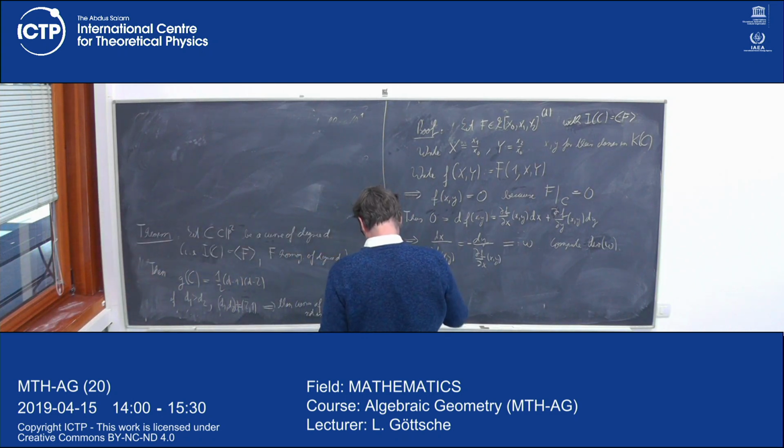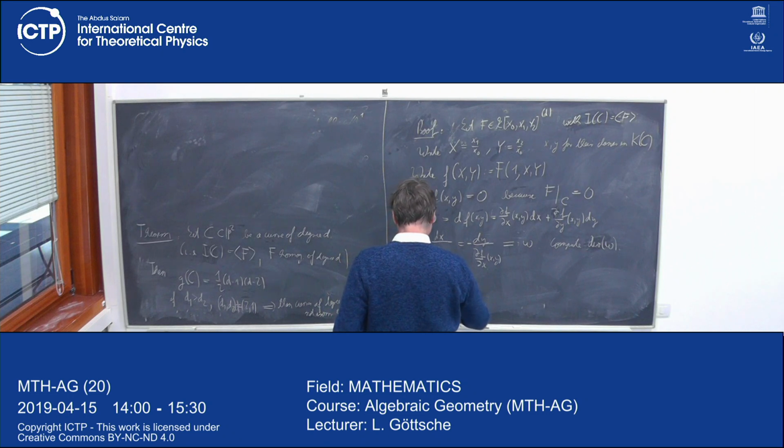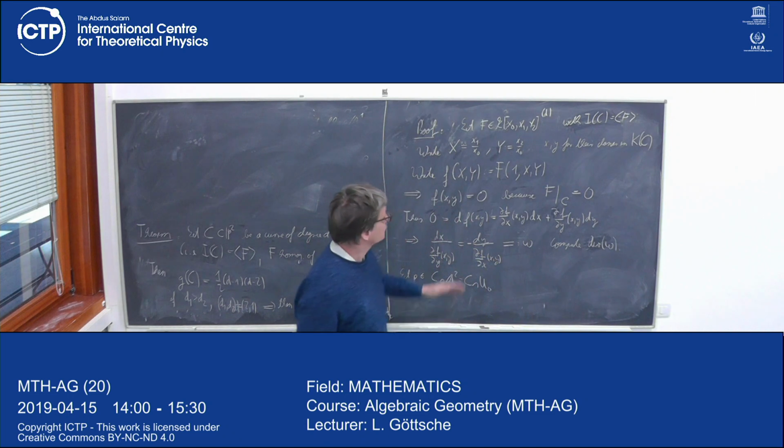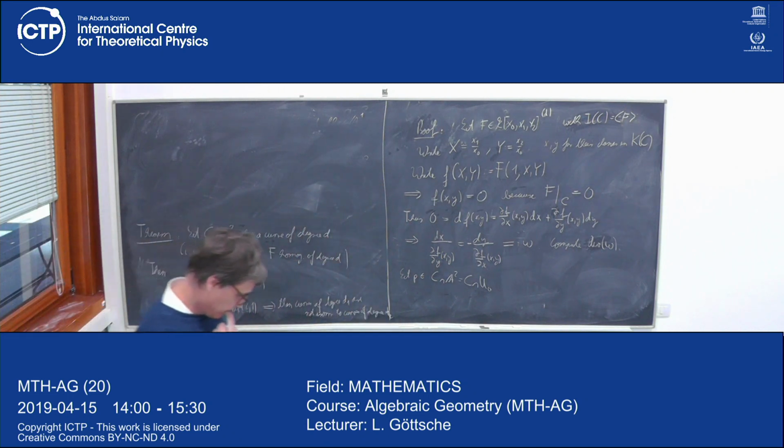So we take any point in C intersected with A2, which is the same as C intersected with U0, the points where the first coordinate is 1. I take any point here, and I want to look at what the divisor looks like there.